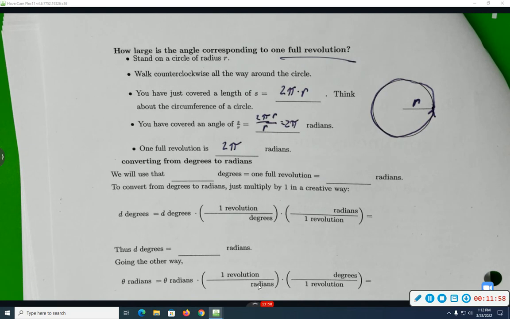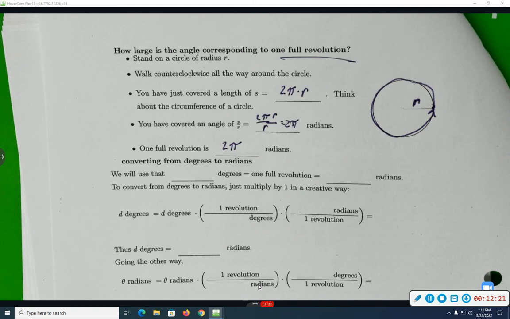Now let's use that to capture this next thing. Let's talk about how to convert from the measure of an angle in degrees to the measure of an angle in radians. Just like how in order to convert from miles to kilometers, you basically just need to know what 1 mile is in kilometers or vice versa. Same thing here. We'll try to figure out how many degrees to a radian.